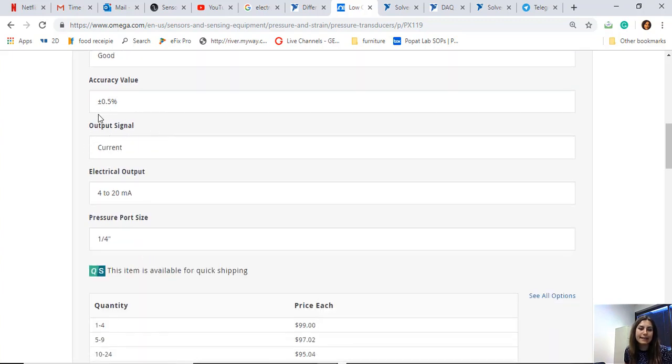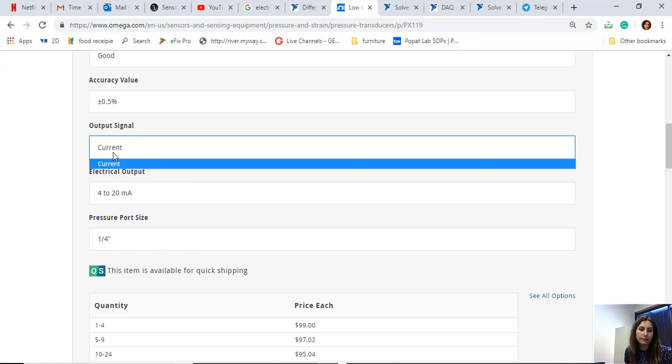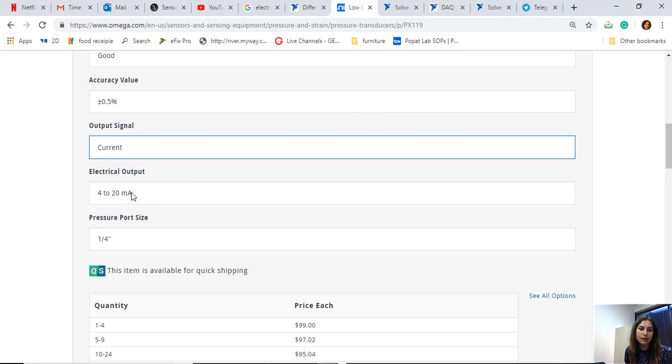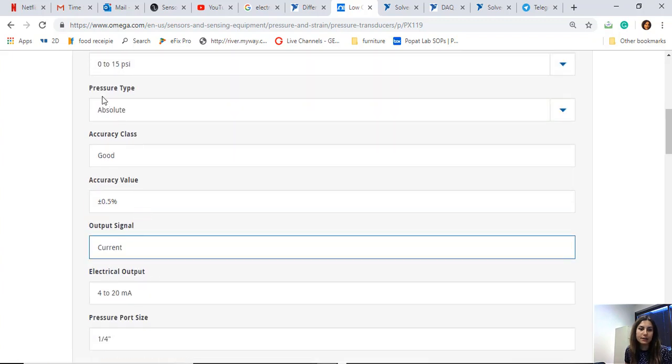It's saying that the output signal is the current, and the electric output is from 4 to 20 milliamp. So that means that 0 psi is 4 milliamp and 15 psi is 20 milliamp, and everything in between is actually linear. So 7.5 psi is exactly like 12 milliamp.